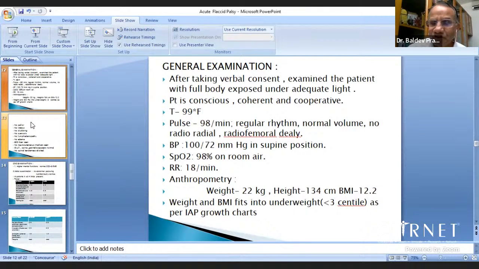Then probably it should be non-infective, immune-mediated disorder, rather than this infective like poliomyelitis. And really, if it is so, then the Guillain-Barré syndrome like manifestations are common with this type of story.